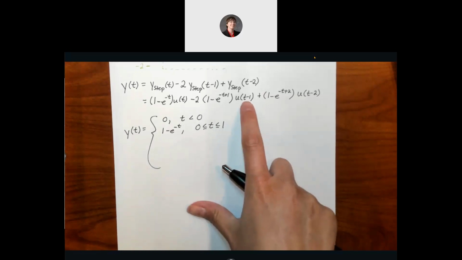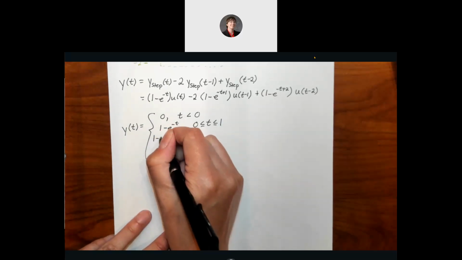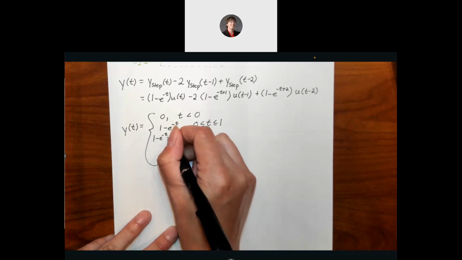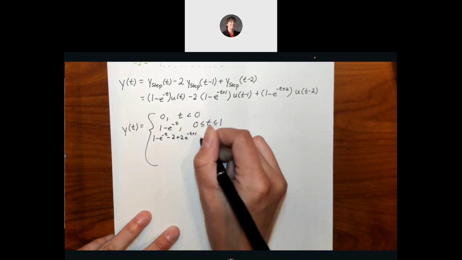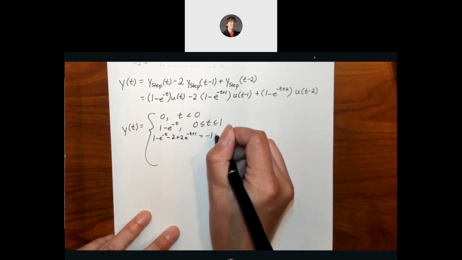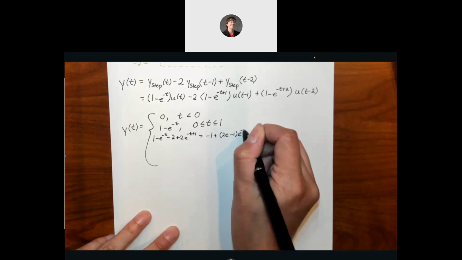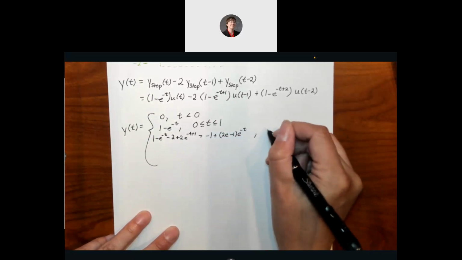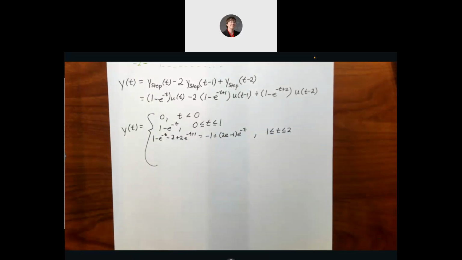And then once we cross 1, then this u of t minus 1 becomes 1. So we have 1 minus e to the minus t minus 2 plus 2e to the minus t plus 1. Do a little bit of simplification. And this is true between 1 and 2.